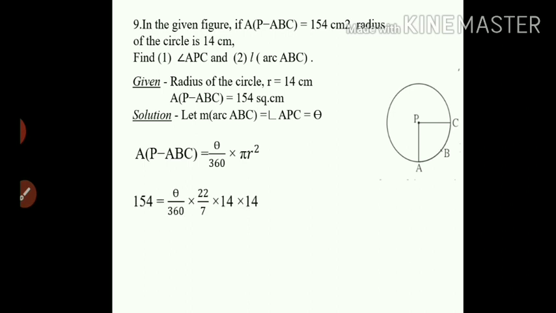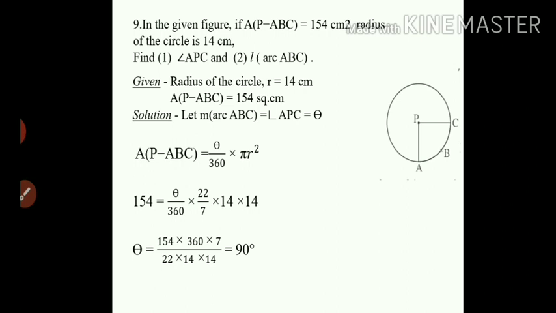Now see, for PABC the area was given, 154 equals theta, which I have to find, upon 360 multiplied by pi. I am taking 22 upon 7 because the radius is a multiple of 7. You can see 14 is given, so r square means 14 multiplied by 14. Now students, see the steps properly. Theta I want to find out, so I will take it on the left hand side.